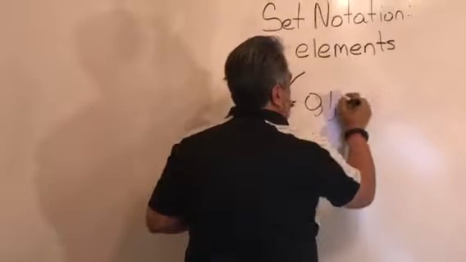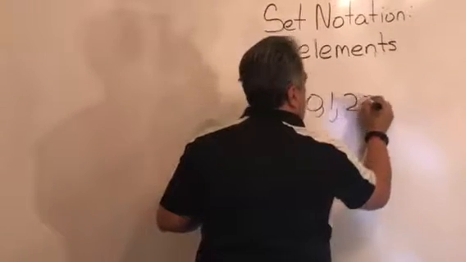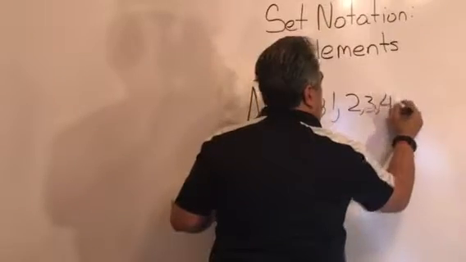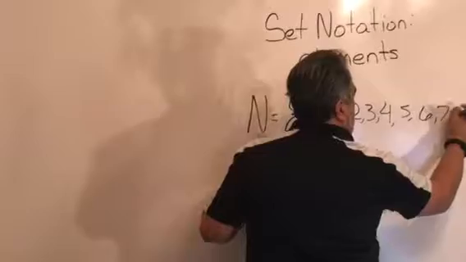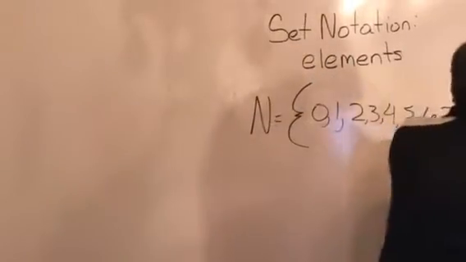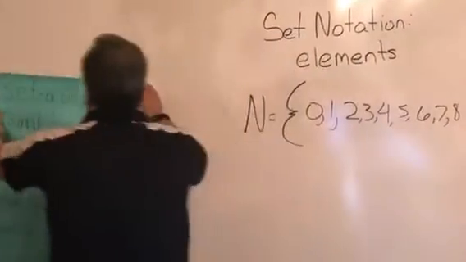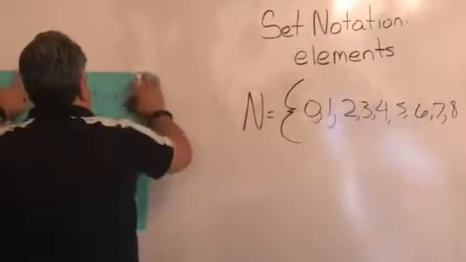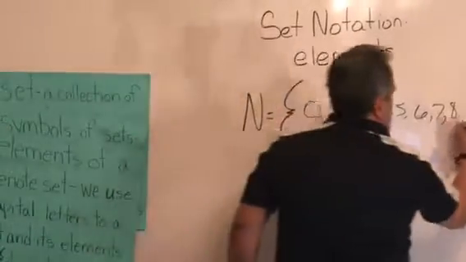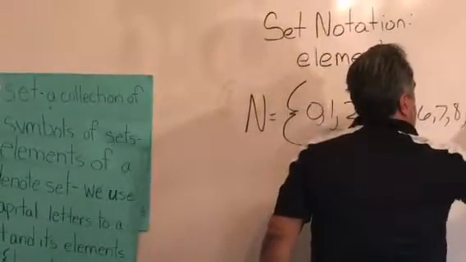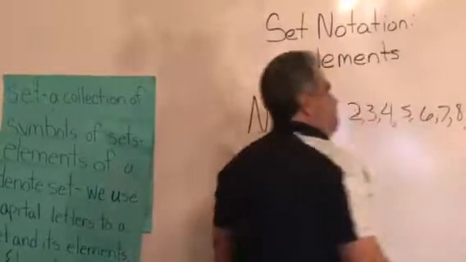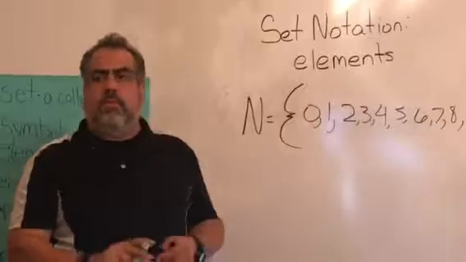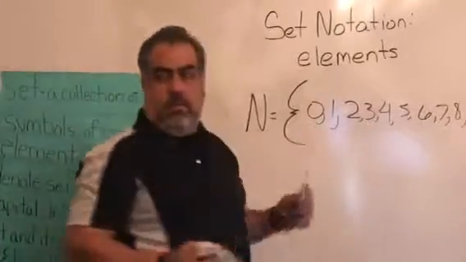Good job. 6, 7, 8, 9. Okay, the last one is 9, correct? Yeah, no 10. And then we're going to put our brace there. Good job. Make sure we get all that written down.